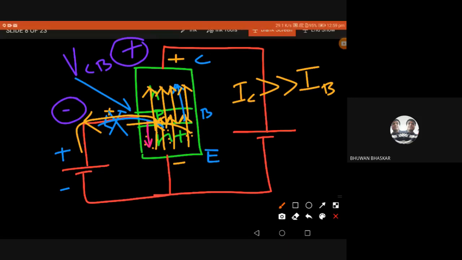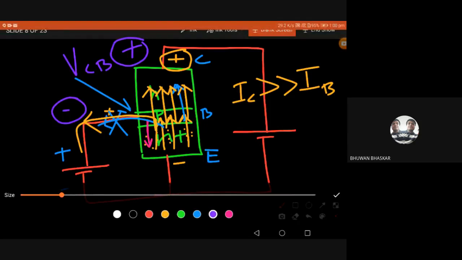The other reason is that there is always an electric field on the collector side attracting the electrons toward the collector. So the majority of electrons go to the collector rather than the base. They don't have time to steer, change gear, and go left towards the base. One is the electric field, more attraction on the collector side. Another is that the base is so thin.